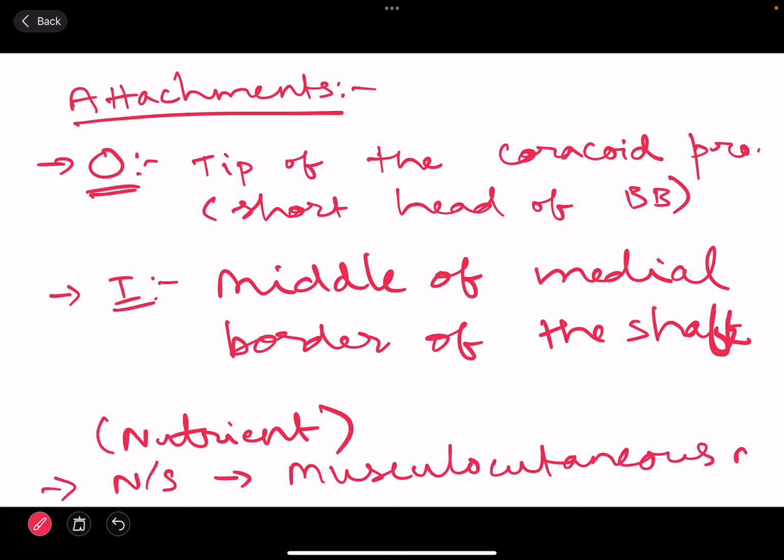We all know that it arises from the lateral cord of the brachial plexus, and its root values are C5, C6 and C7. Right, so these are the attachments and the nerve supply of the coracobrachialis muscle. Please remember that the coracobrachialis muscle is pierced by the musculocutaneous nerve, or it would be more appropriate to say that the musculocutaneous nerve passes between the two heads of the coracobrachialis.